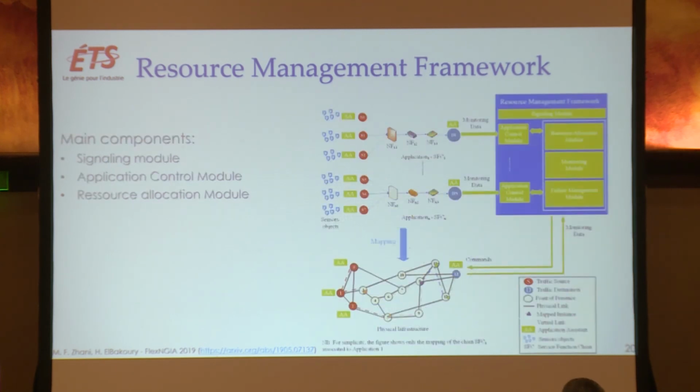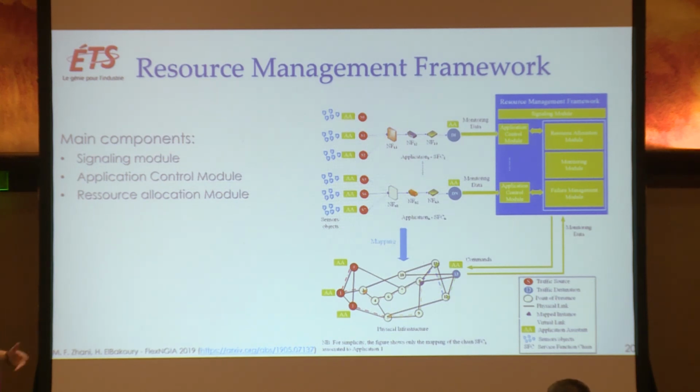If I go quickly through the resource management framework, we will have multiple service function chains. For each service function chain, we will have an application control module. This module will monitor the service function chain and will decide, for example, the number of instances. It will check whether the requirements are met or not, and so on.